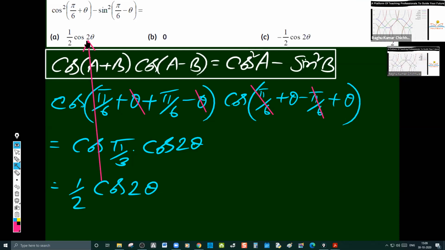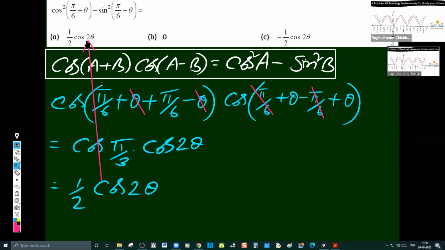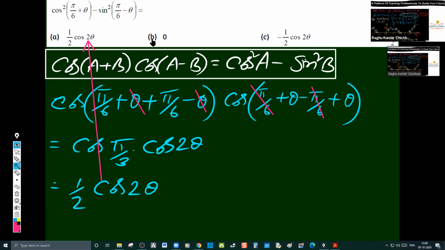Bhavi, you read that formula along with the other formula also. Come on, make it fast. Cos of A plus B into cos of A minus B equals cos square A minus sin square B. Cos of A plus B into cos of A minus B equals cos square B minus sin square A. That's good. So I think it's clear. Without knowing this formula, it will be difficult, Bhavi. You've forgotten this formula. If I had to give you proper training, I would ask you to write this formula 10 times, 20 times.